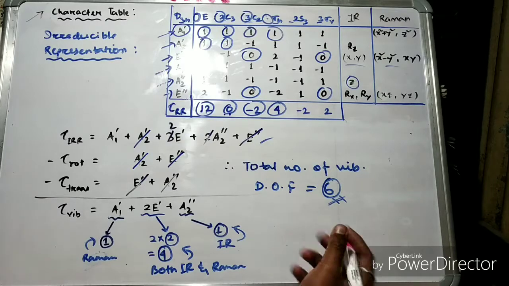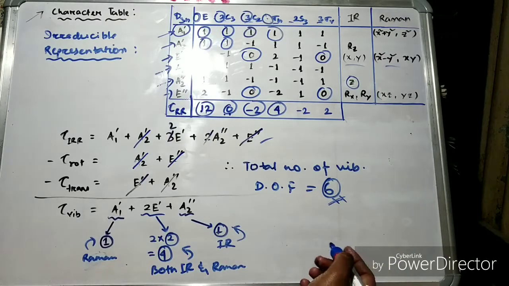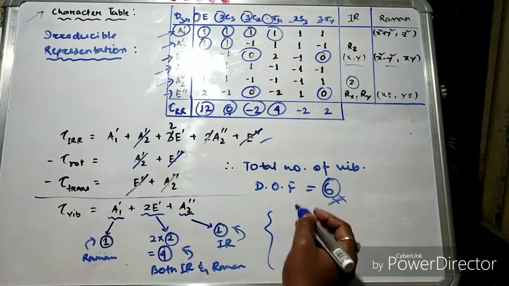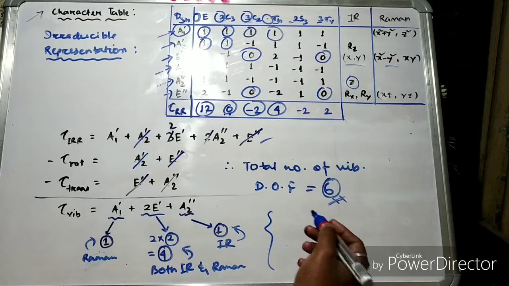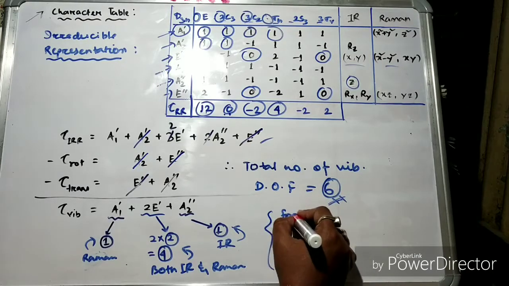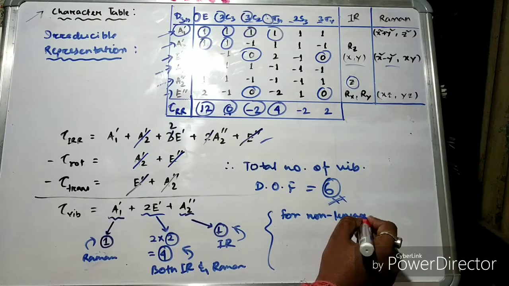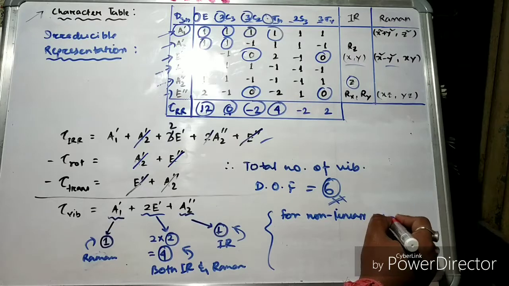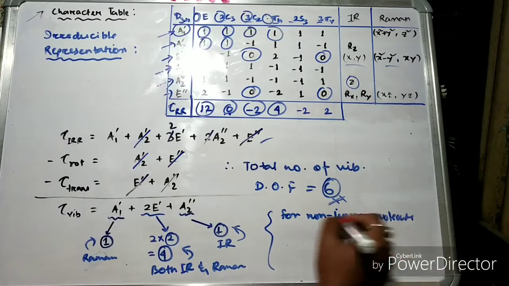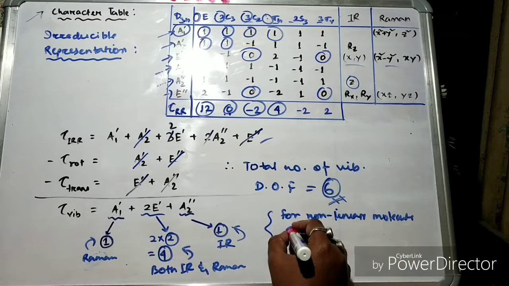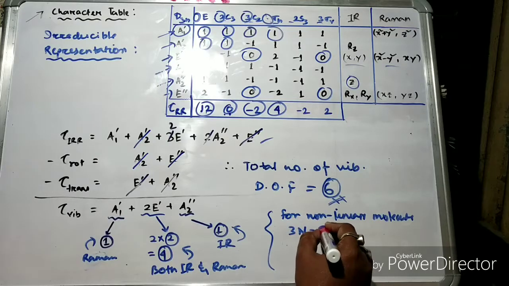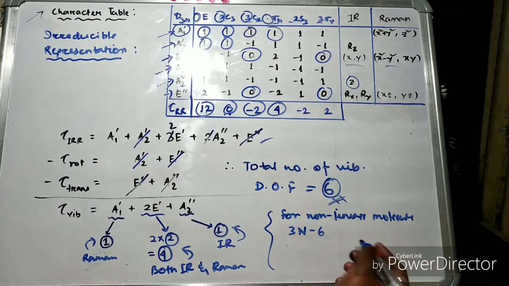Now we can also find out in a simple way, as we know that for any nonlinear molecule the degrees of freedom is given by 3n minus 6.